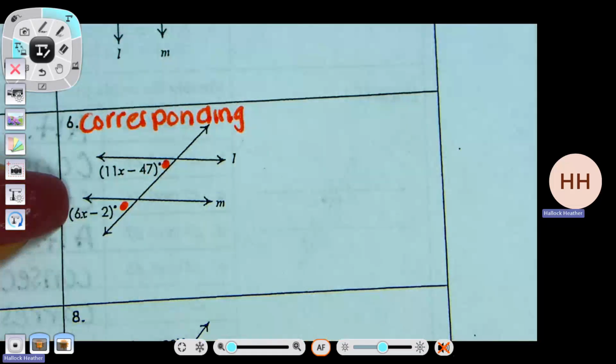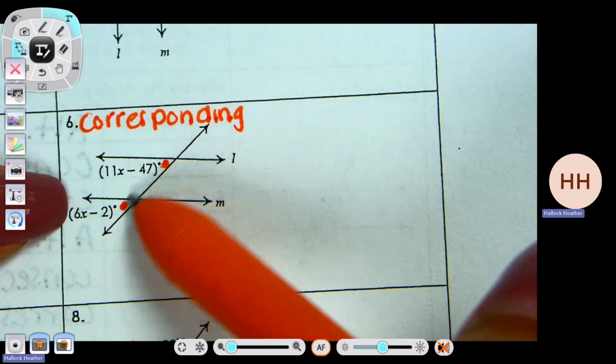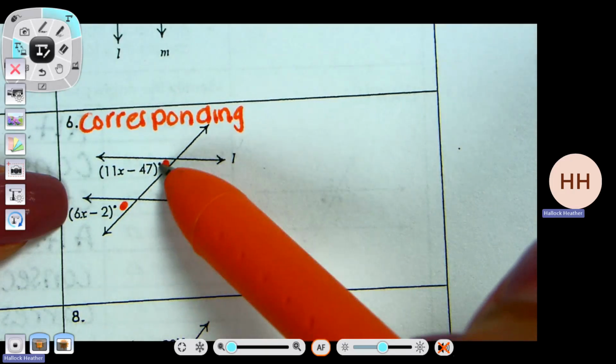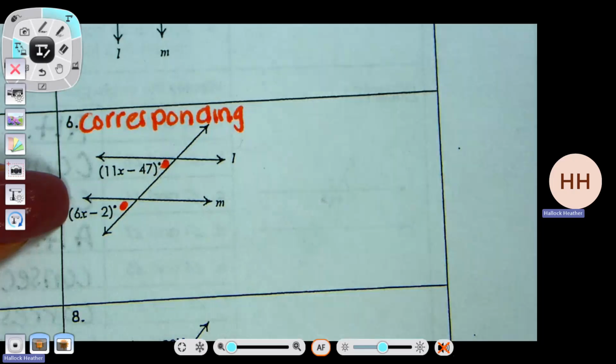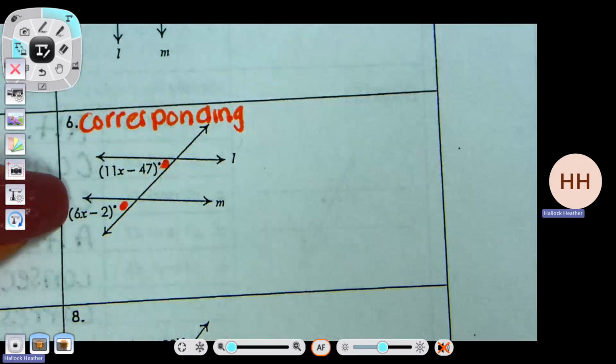Now you can either remember the vocabulary or you can use your eyeballs and determine: we have 2 options, should the angles equal each other or should they add to make 180? Equal. They're both acute. You're looking at this little tiny angle and this little tiny angle. Corresponding angles are always equal to each other.